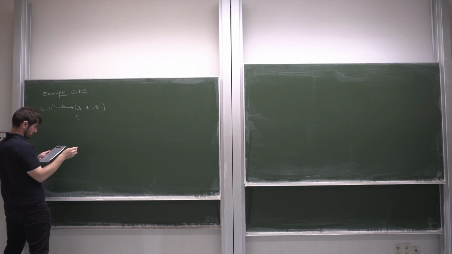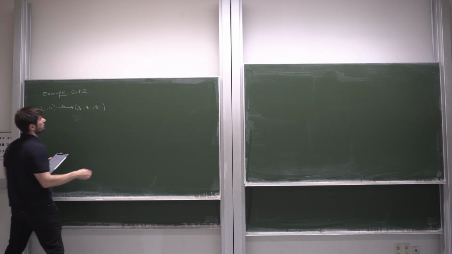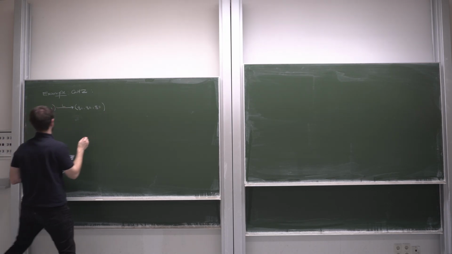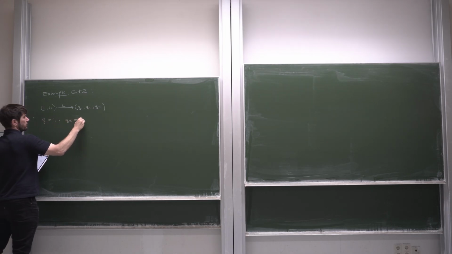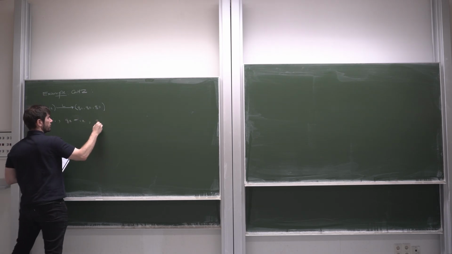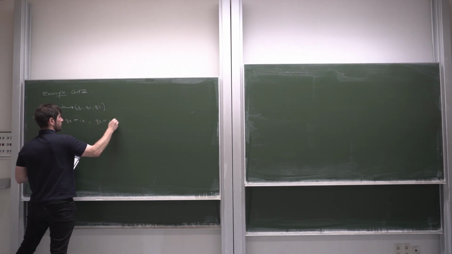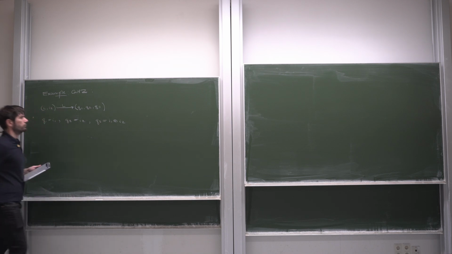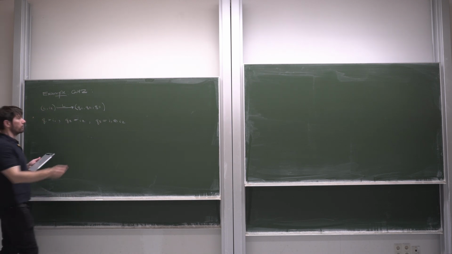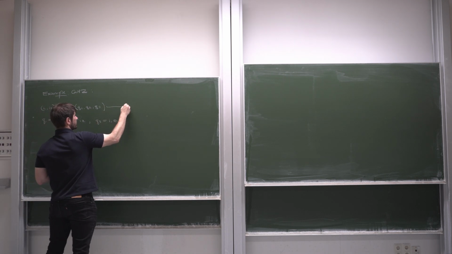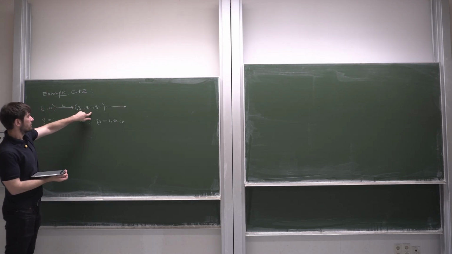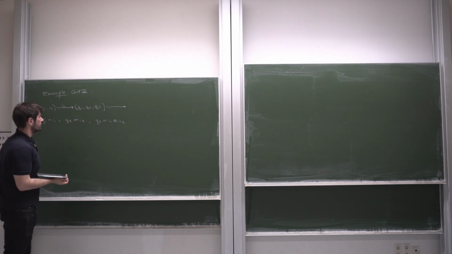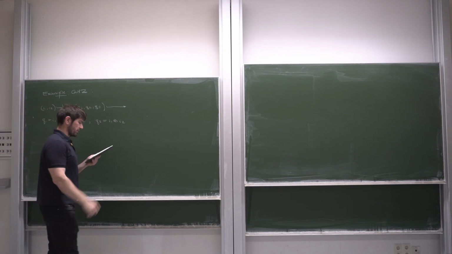So I will just write this here. Q1 equals I1, Q2 equals I2, and Q3 is equal to I1 plus I2. Now we give access to the GHZ state, and these input settings or measurement settings are going to correspond to the Pauli X and Y measurements.